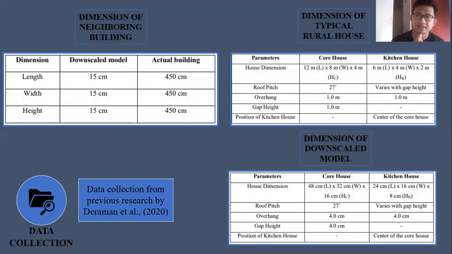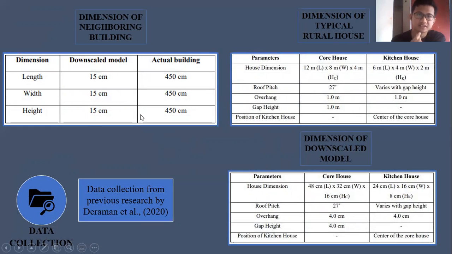But since the MCO, movement control order, has been enforced by the government, the site investigation could not be done. So the data was obtained from previous site surveys by other researchers. Some useful data from the post-windstorm site survey by Draman et al. has been used in the making of the rural house.